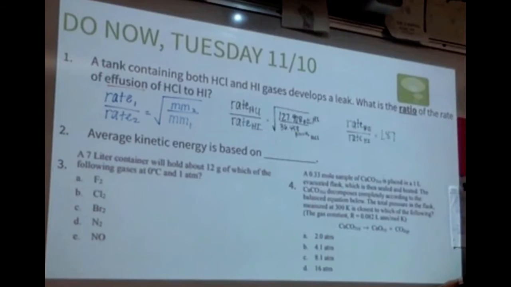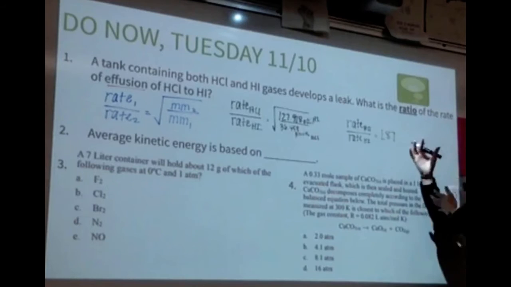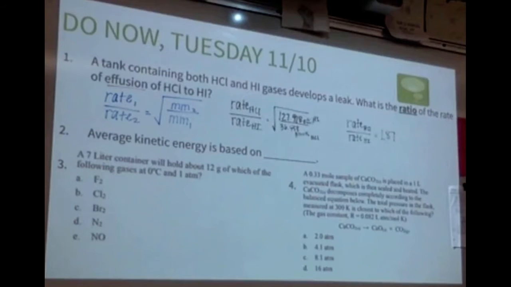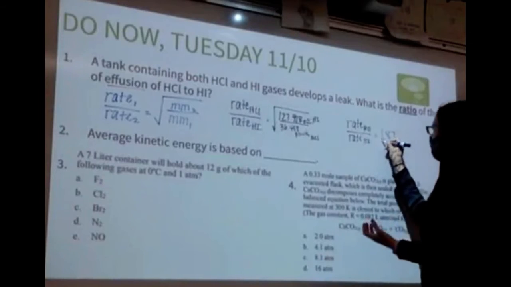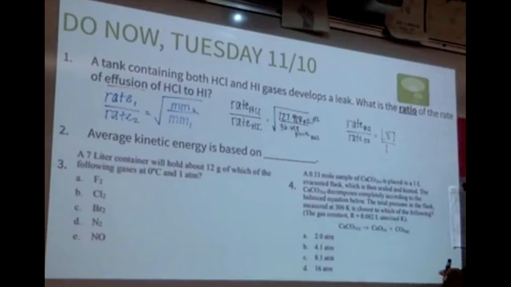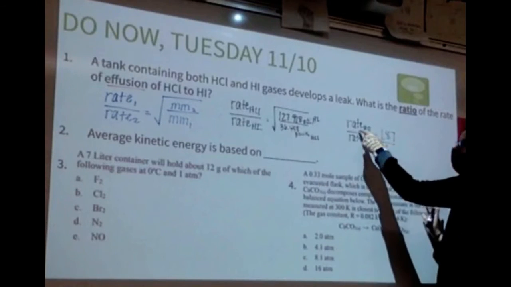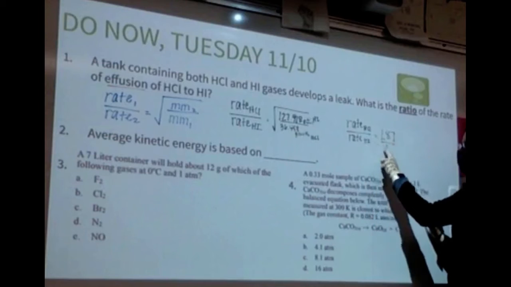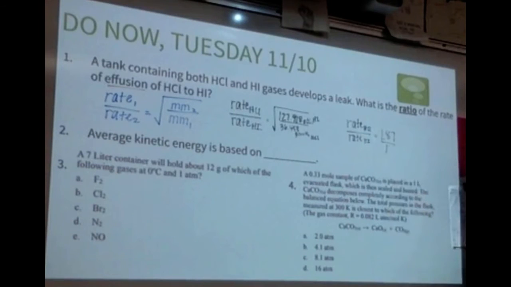Here's what this means. Think about how a number works, right? 1.87 as a fraction is 1.87 over 1. So the ratio of the rate of effusion, you can say, is 1.87 to 1. This means rate of HCl is 1.87, rate of HI is 1. HCl effuses 1.87 times faster than HI, which should make sense because remember that diffusion and effusion is based on molar mass.